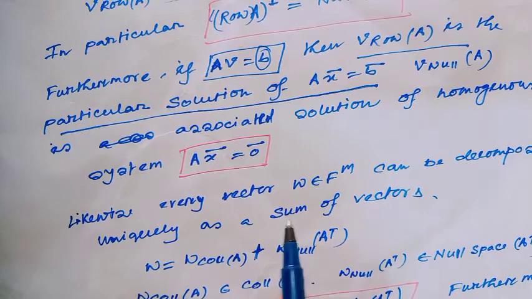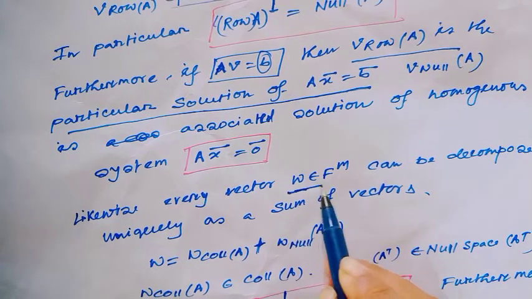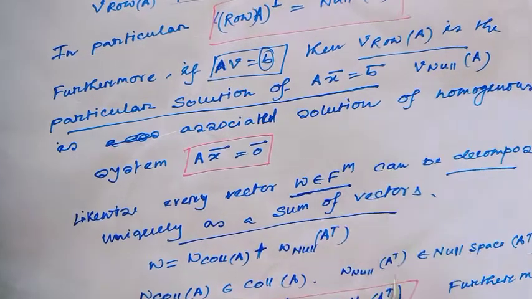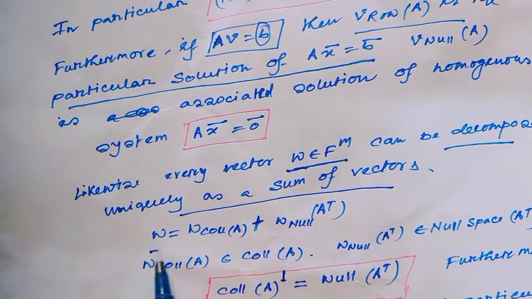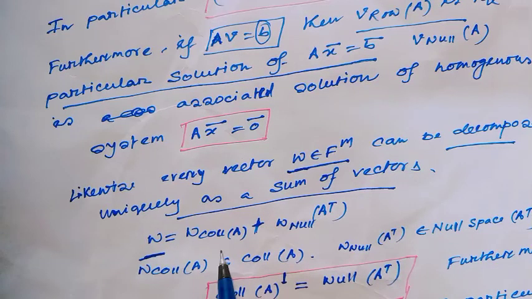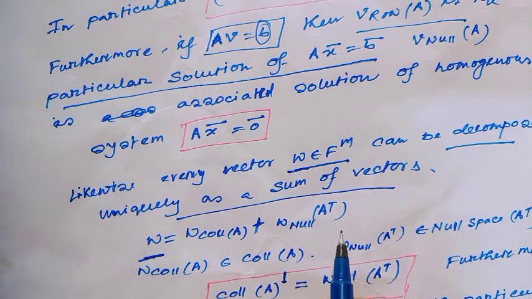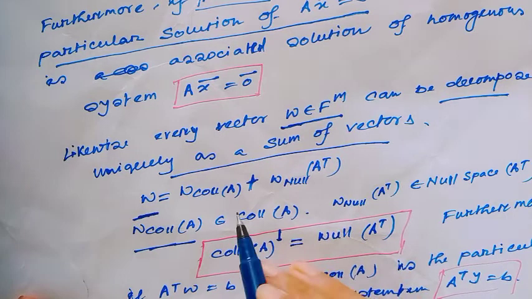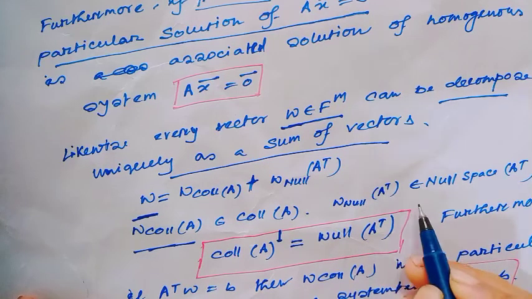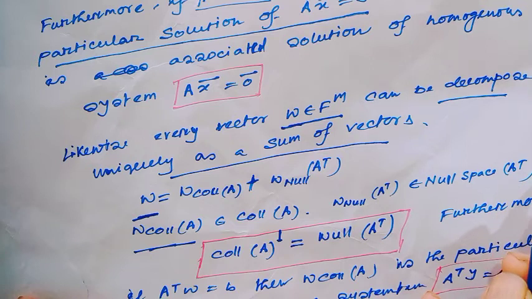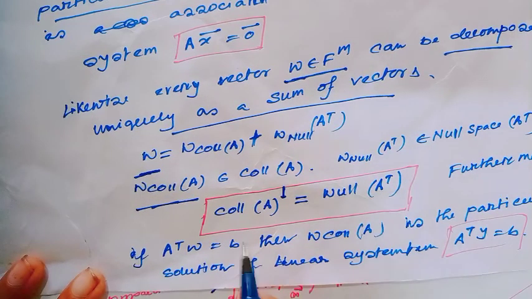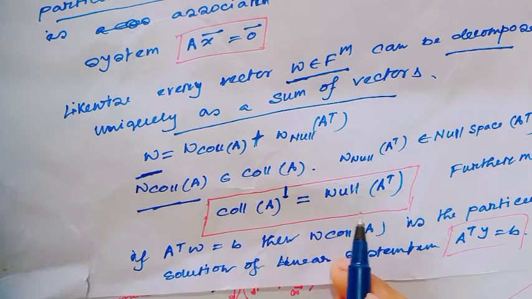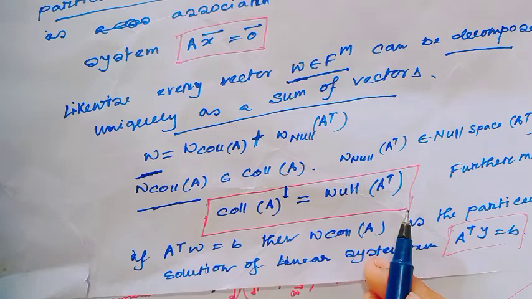And likewise, every vector w in Fm can be decomposed uniquely as a sum of vectors: any vector w can be written as w column space of A plus w null space of A transpose, where w column space of A belongs to the column space of A and w null space of A transpose belongs to the null space of A transpose. And obviously, we all know the orthogonal complement of the column space of A is the null space of A transpose.